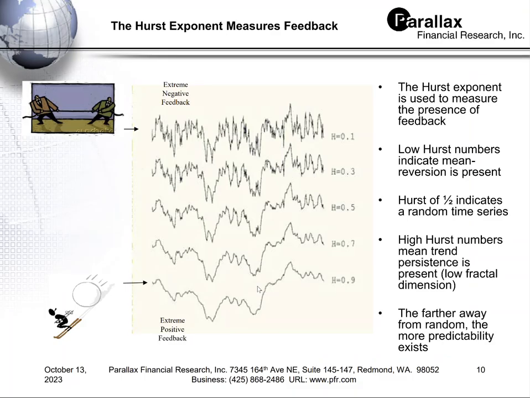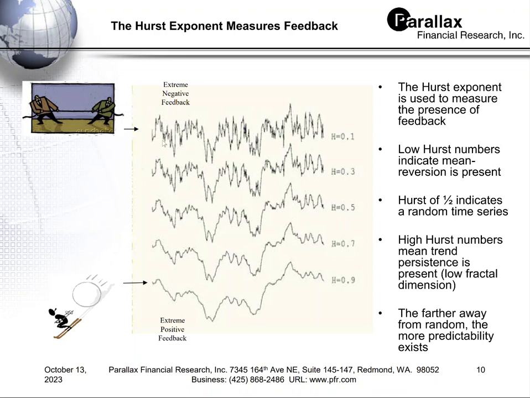And what does it look like on a chart? So we talk about this Hurst exponent because it's used to describe feedback, how much feedback is present in a signal. But the easiest way to understand this is trend persistence and mean reversion.